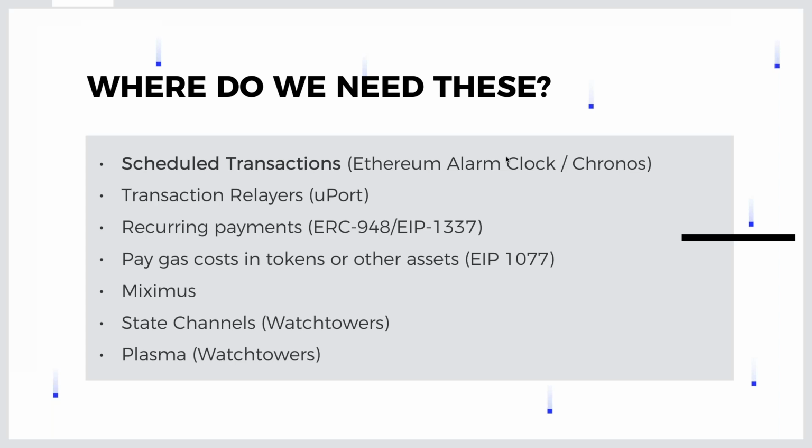One of the quite interesting projects looking into this is called Miximus, which is a mixer on the Ethereum blockchain, and they are planning to use delegated execution to decouple the proof sending from the account that is sending the proof. In other words, you would order someone else to send the proof to the network.